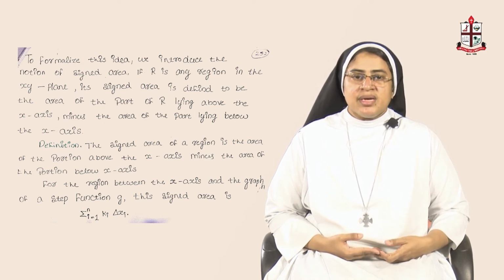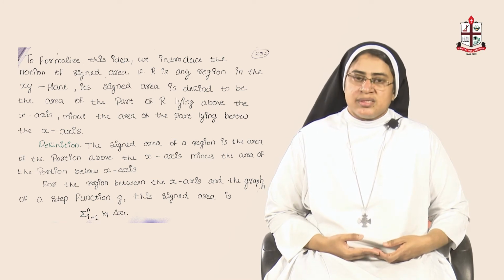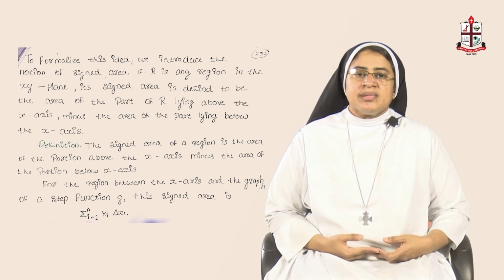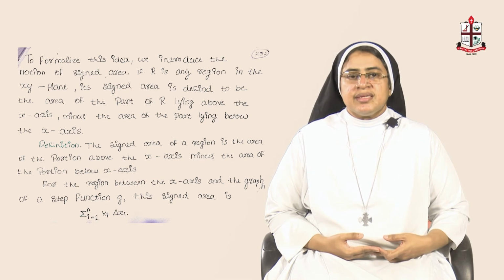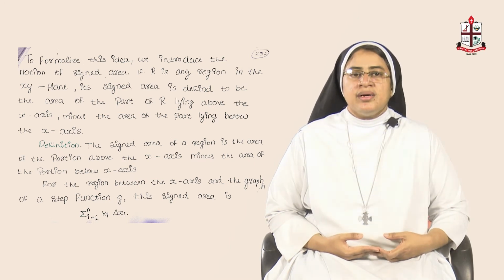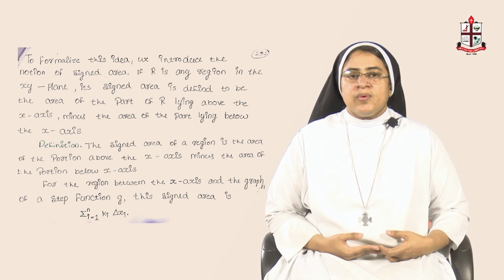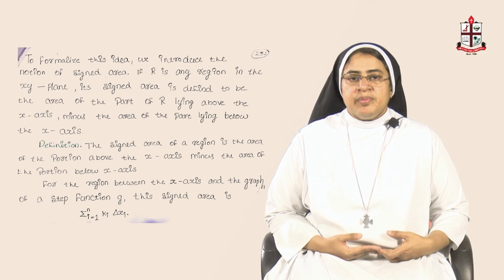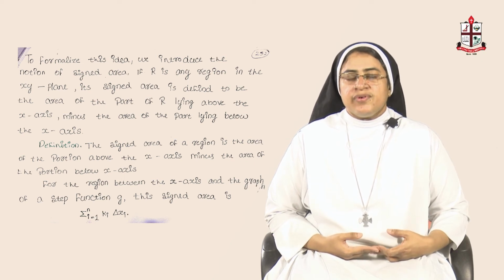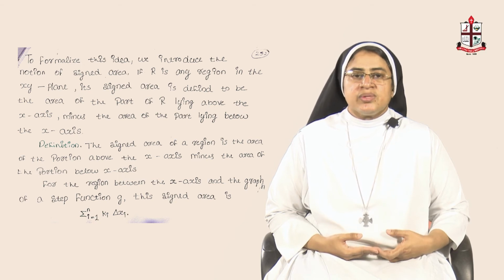Something above the x axis minus something below the x axis. That is, the signed area of a region is the positive area of the portion above minus the positive area of the portion lying below the x axis. For the region between the x axis and the graph of the step function g, the signed area is the sum, i equals 1 to n, of k_i delta x_i.